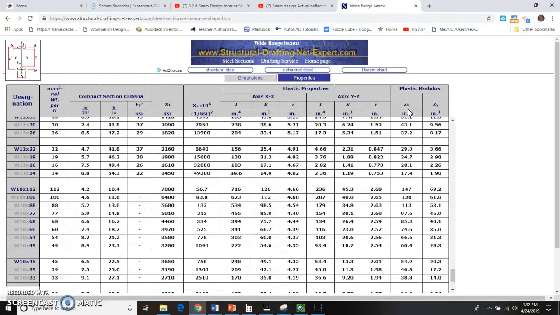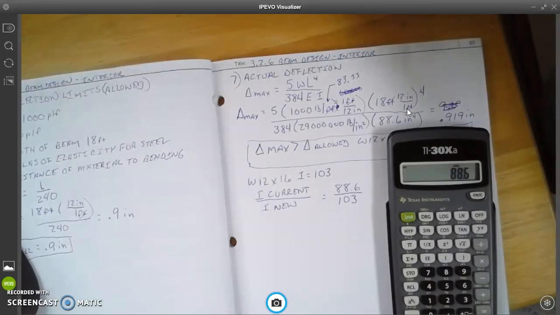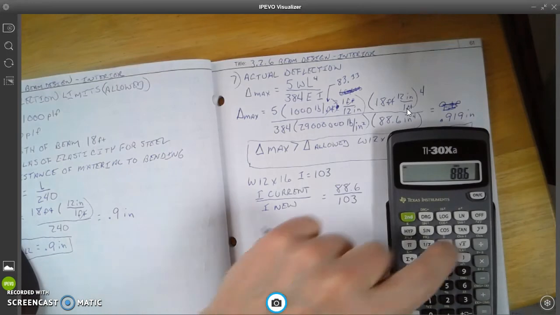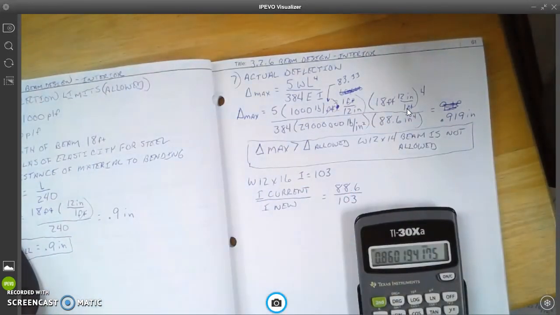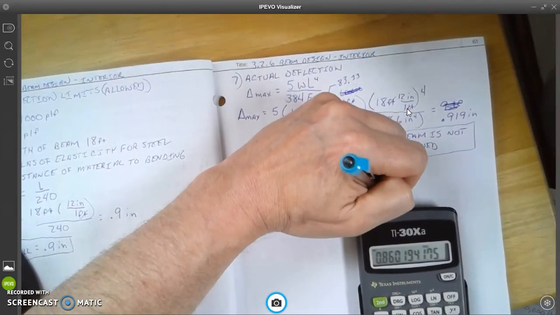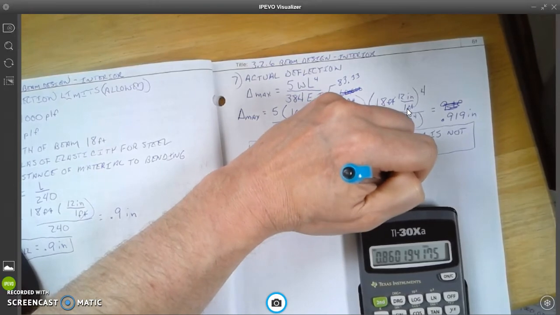I take 88.6 and divide that by 103. That gives me 0.86.